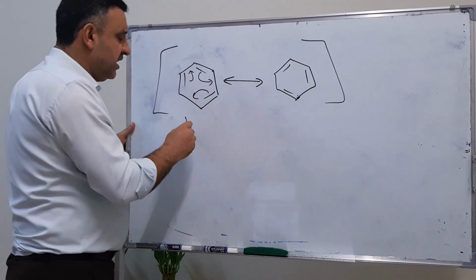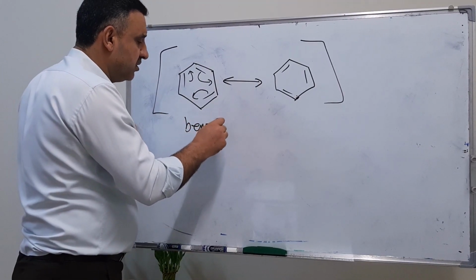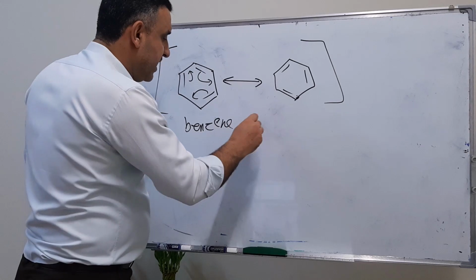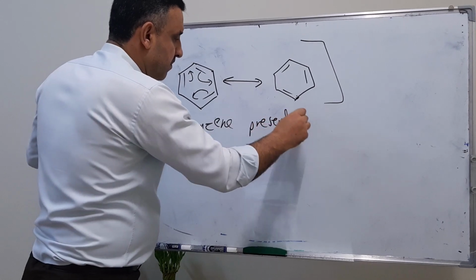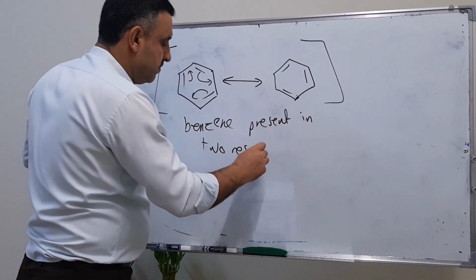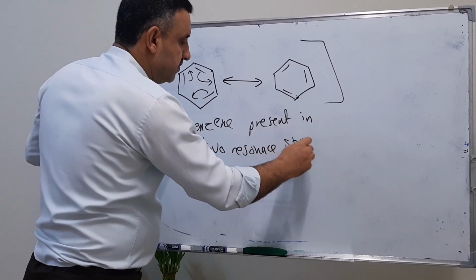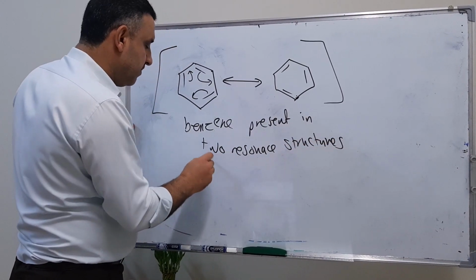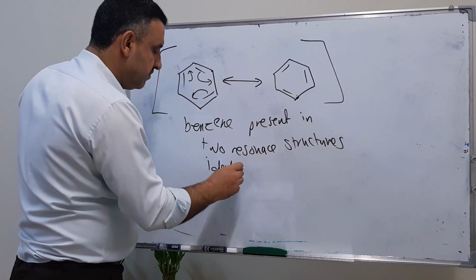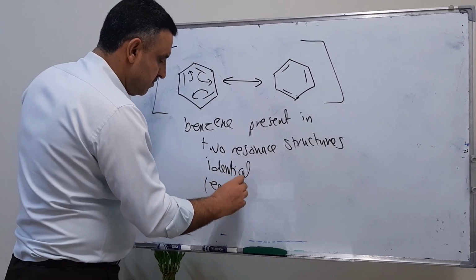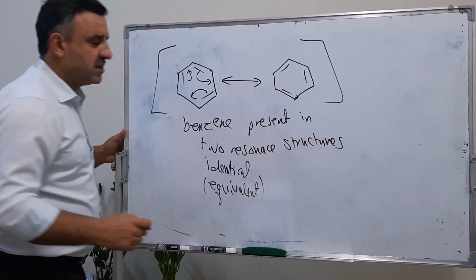So benzene, just to make the story short, is present in two resonance structures, two identical and equivalent resonance structures.